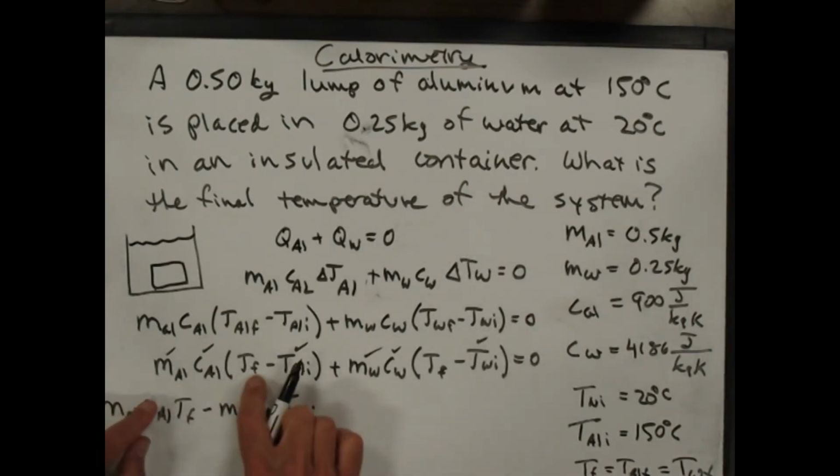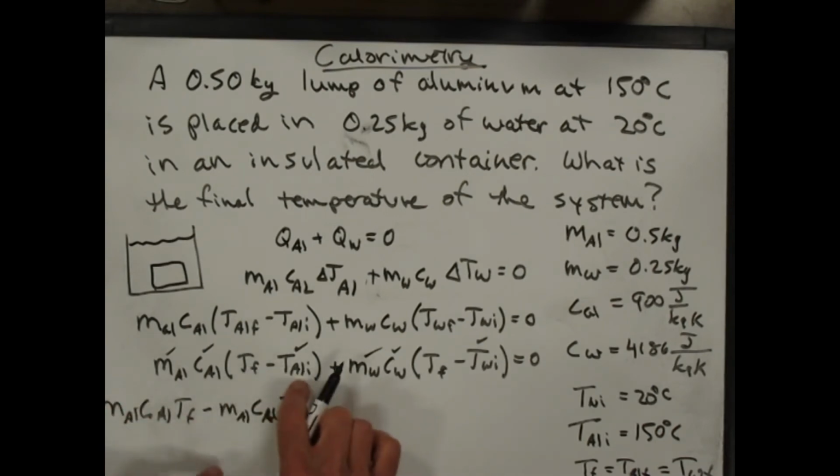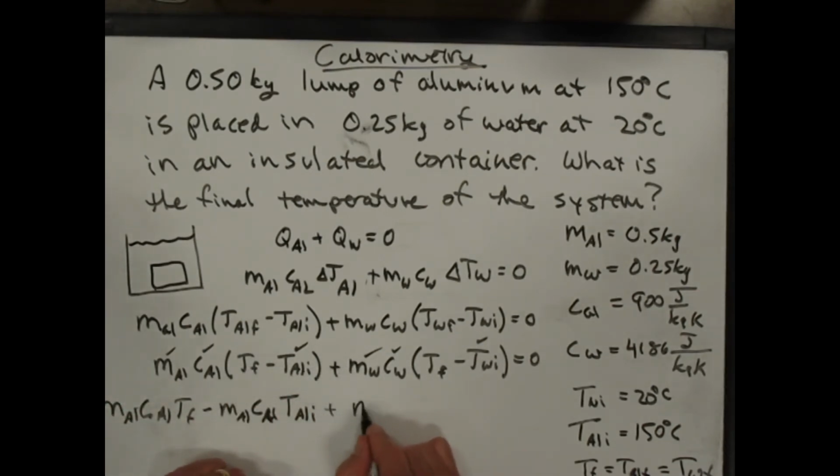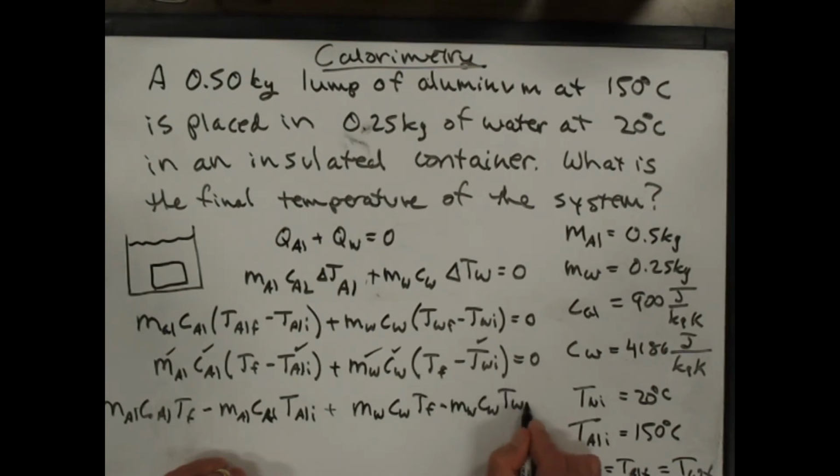In other words, this times that minus this times that, plus mass of the water, C for water, T final, minus mass of the water, C for the water, T water initial equals 0. Well, I've expanded this. Now I've got these terms. I want my T final, and so I'm going to do a little fancy work.